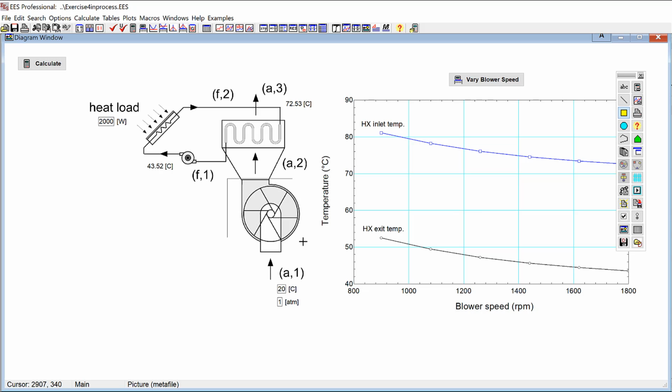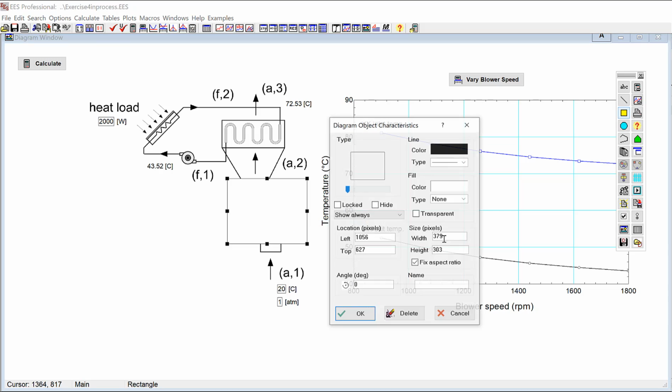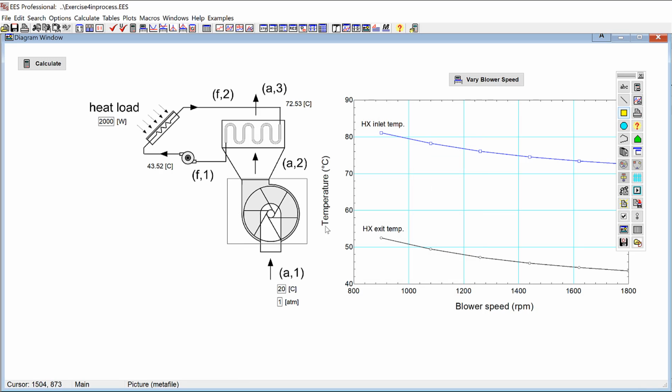So I'm actually going to put a box on here that will define the hot area. And then the properties of the box, I'd like it to be transparent with no fill. And probably that's good enough. So this is going to be my hot area for the blower. Let's do the same thing for the heat exchanger. And then finally for the fluid loop. So maybe right around this right here.